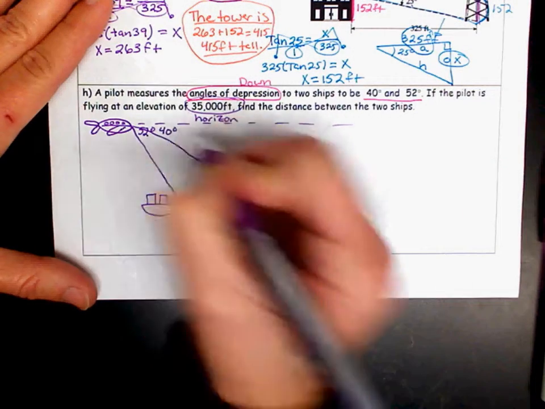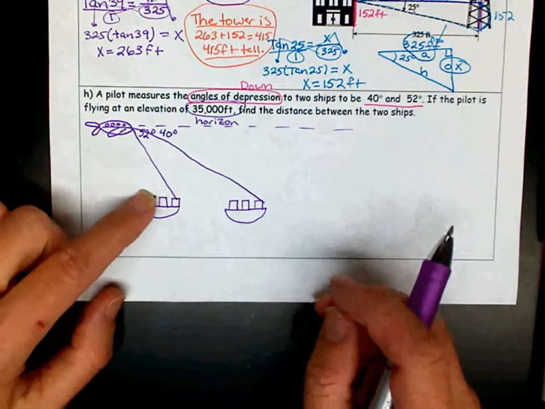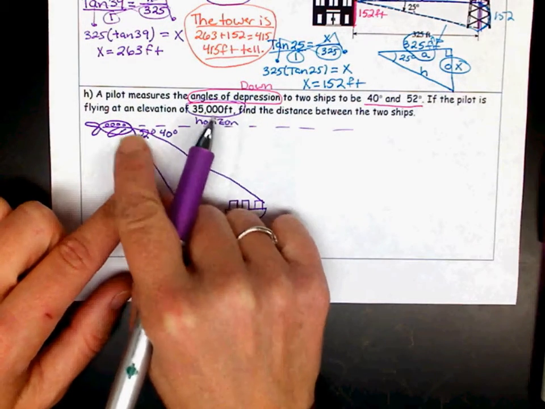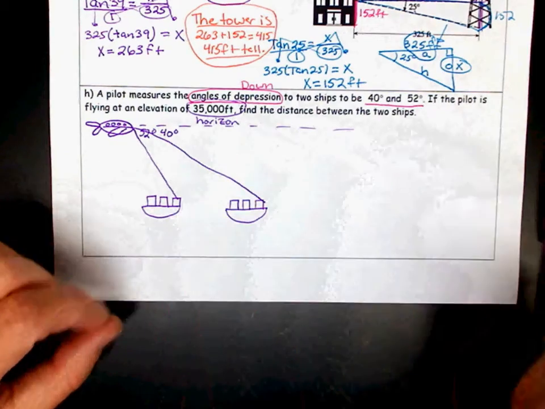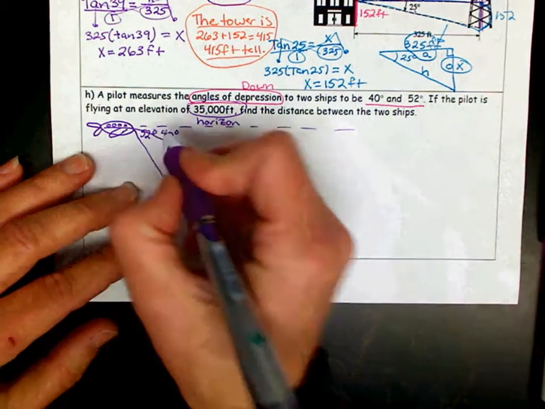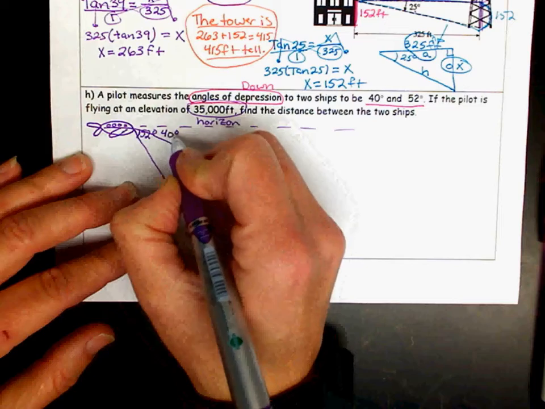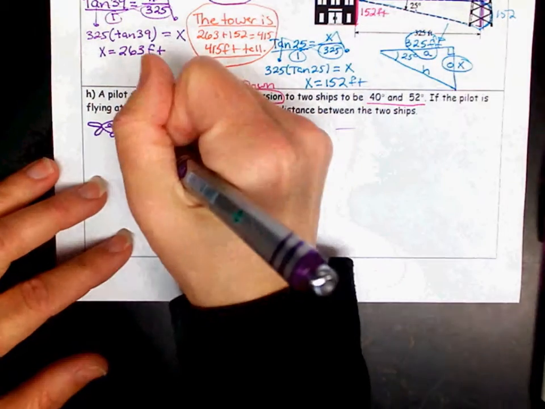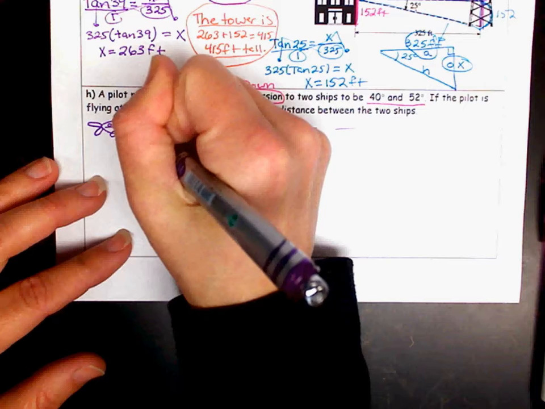The reason I know which one's which is because 52 is bigger, so it's my closer one. Does that make sense? So from here to here, to the horizon, is 52, and from here to here is 40.